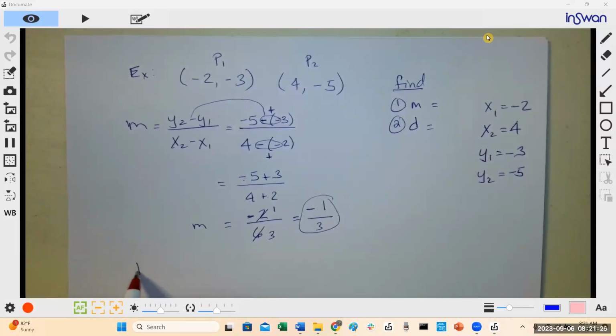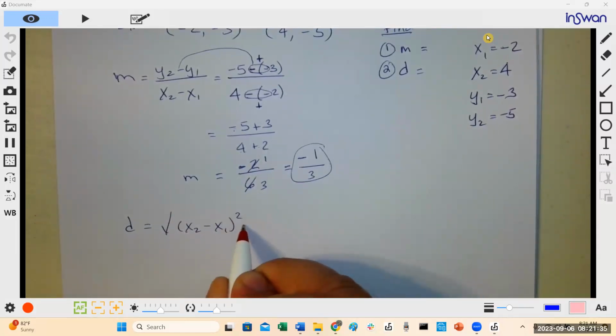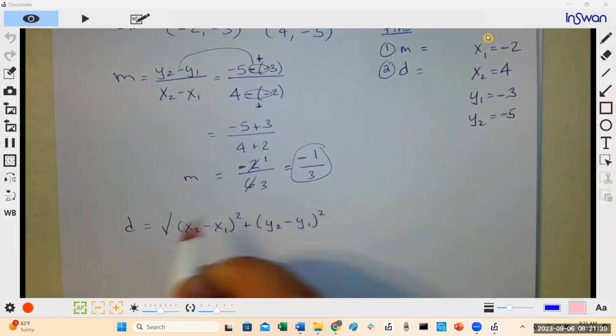Okay, now the distance formula. So we have x2 minus x1 squared, plus y2 minus y1 squared.